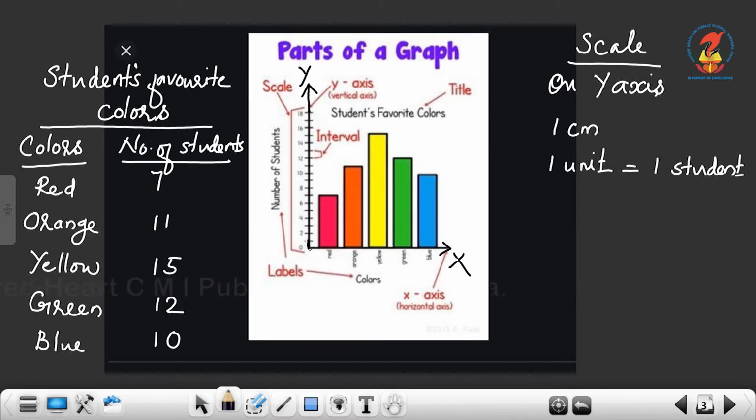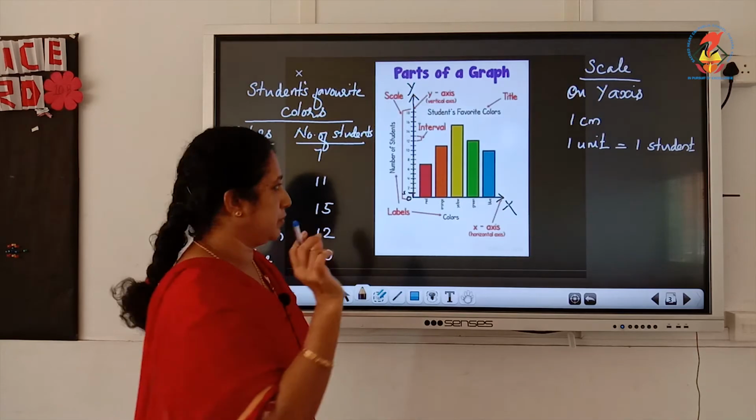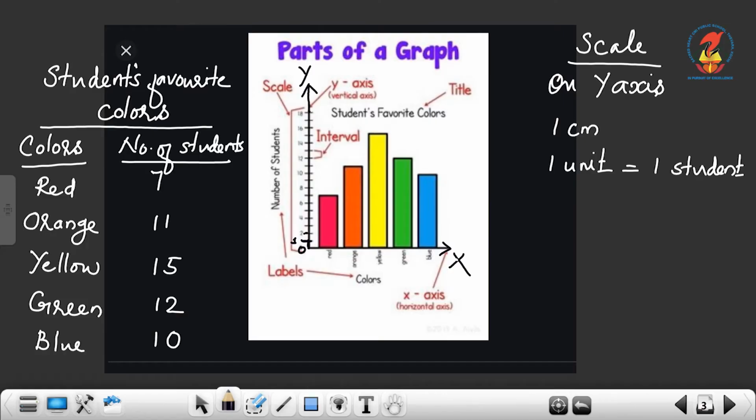The starting point is 0, this 1 unit is 1, and the next 1 unit, which is 1 centimeter, is 2, then 3, 4, 5. I will show you how to do it on the graph paper.